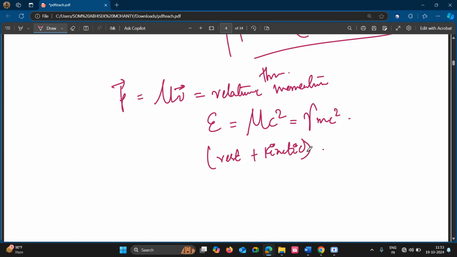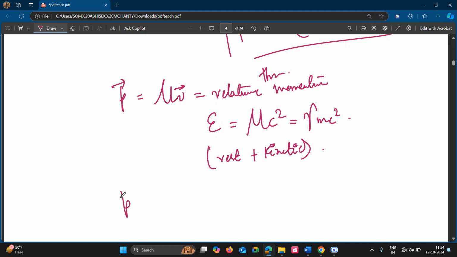So the above interpretations of P and E are justified. And how are they justified? We will expand P and E in powers of v by c, and we'll find, in the non-relativistic limit, that is v by c almost equal to zero, what will we get?